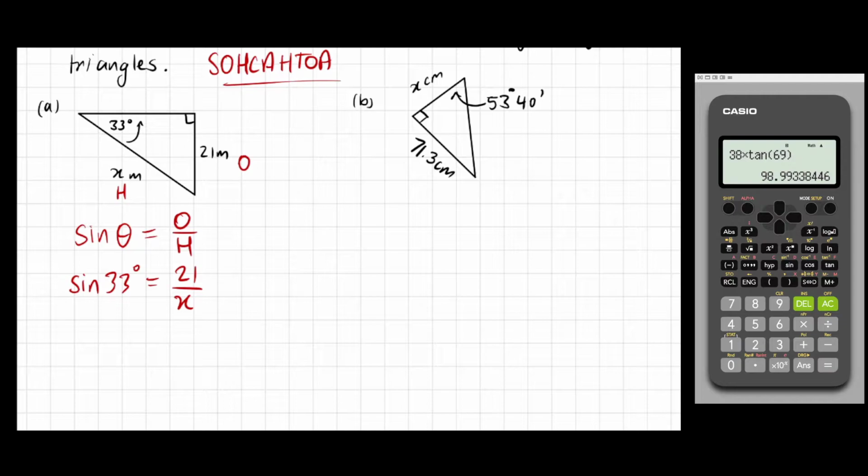Now, there's a trick that we can do when it comes to solving these problems when we've got our x on the bottom. There's a few ways to do it.